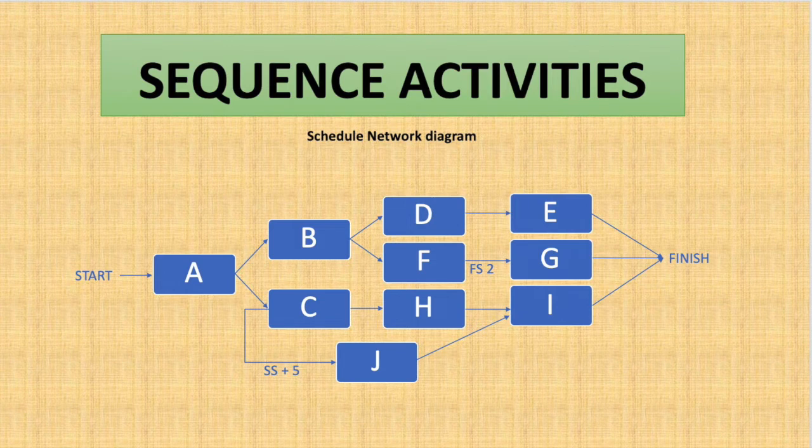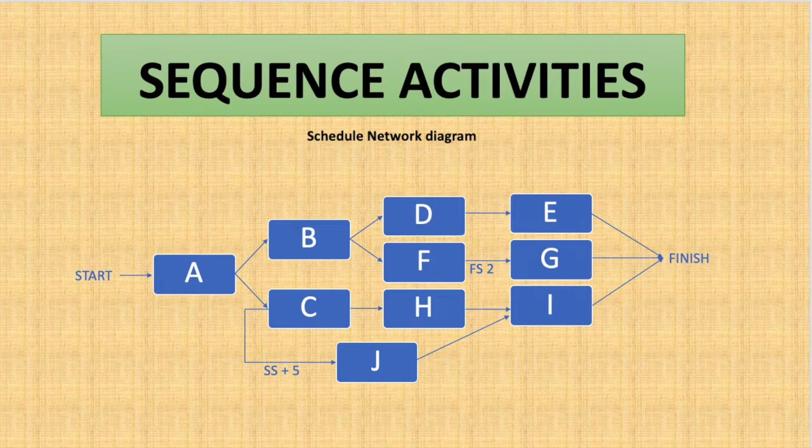So all of this, as we discussed, is in sequence activities. In a schedule network diagram, we will have all possible detail about our network. From here, once we complete our estimate activity duration process, we will know how long a network like A, B, D, E will take.